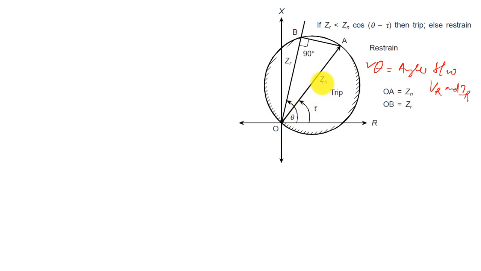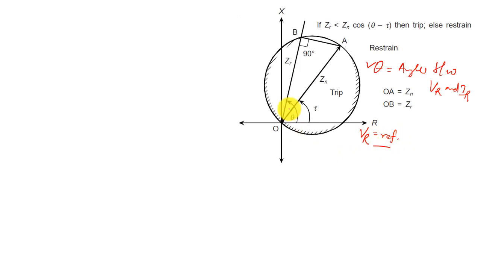Similarly, Zn is lying along the maximum torque line, which is making an angle of tau, and Vr is lying along the R axis. So we are considering Vr as the reference signal.